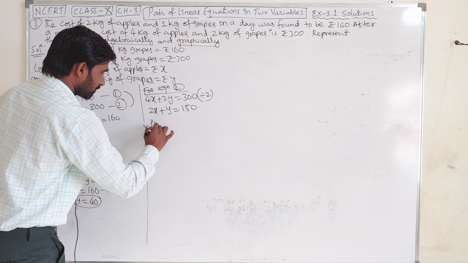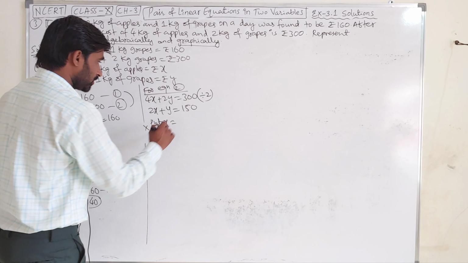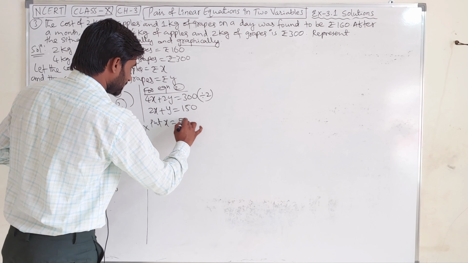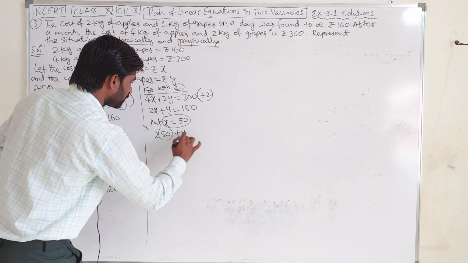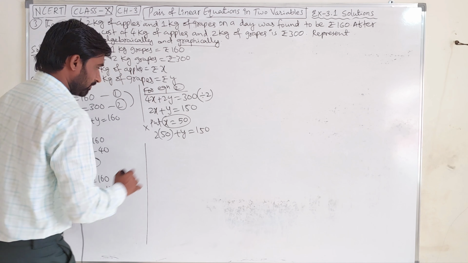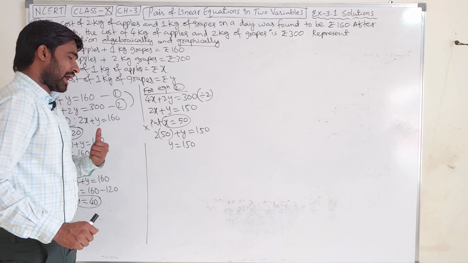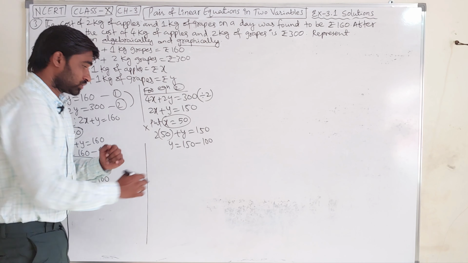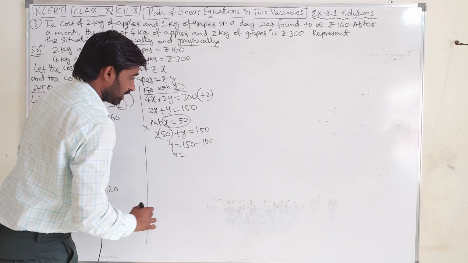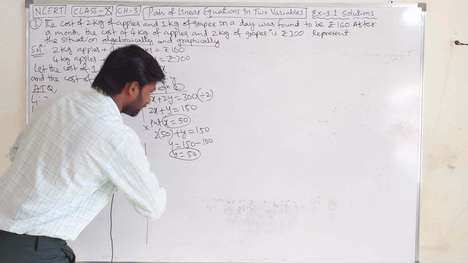Chalo, put x equal to 50. So what will we get here? 2 times 50 plus y is equal to 150. So y will be equal to 150 minus 100. So the answer is 50. This is the first solution.